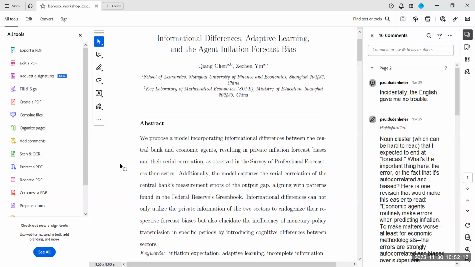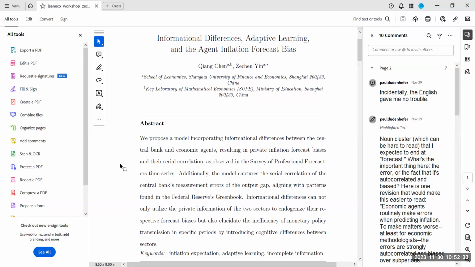From my perspective, I think the existing literature primarily focuses on the potential factors that drive bias in the private sector.